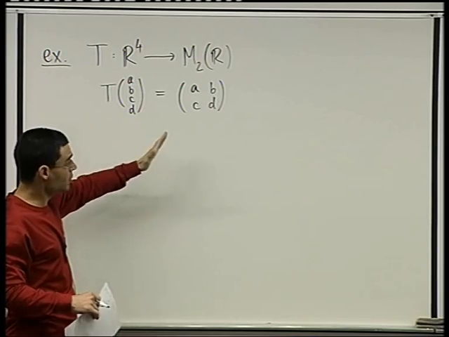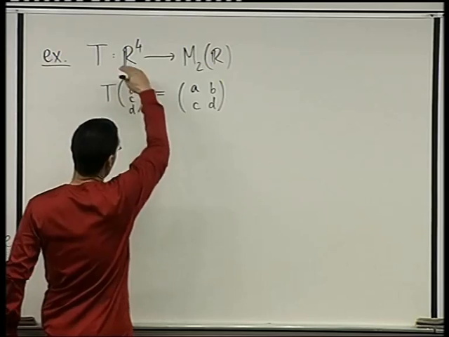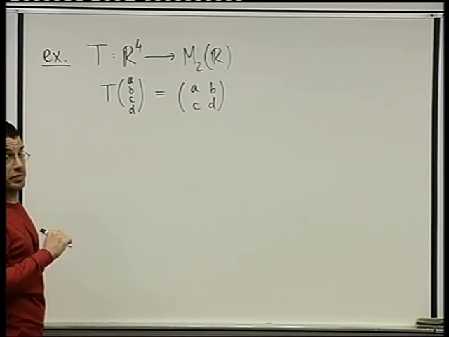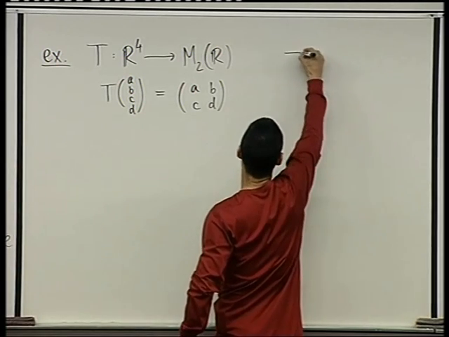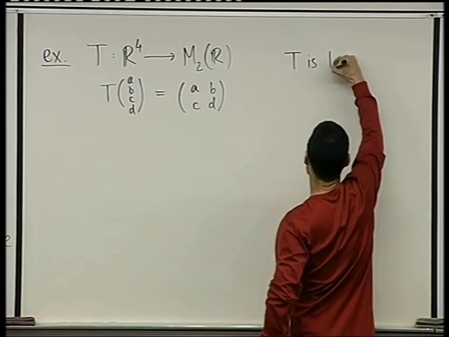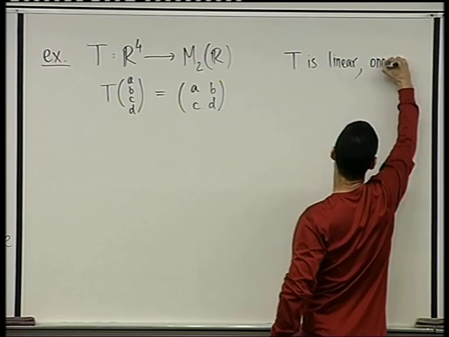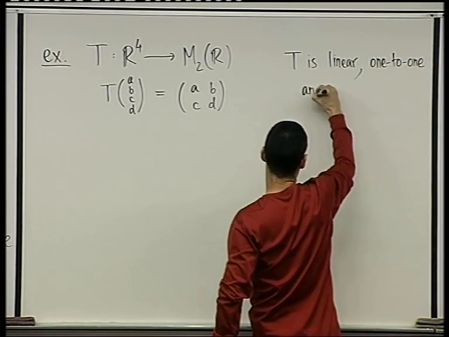So this is a linear transformation which is one-to-one and onto, and therefore it's an isomorphism between these two spaces. These two spaces are isomorphic. Okay? So this T is linear, one-to-one, and onto.